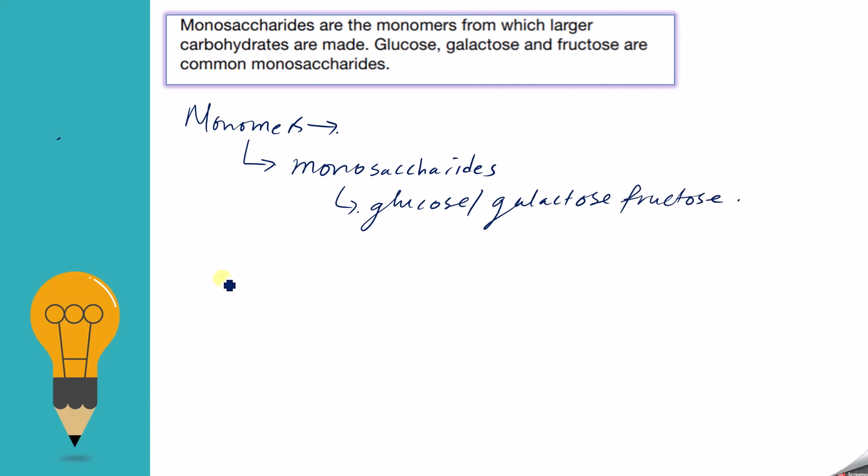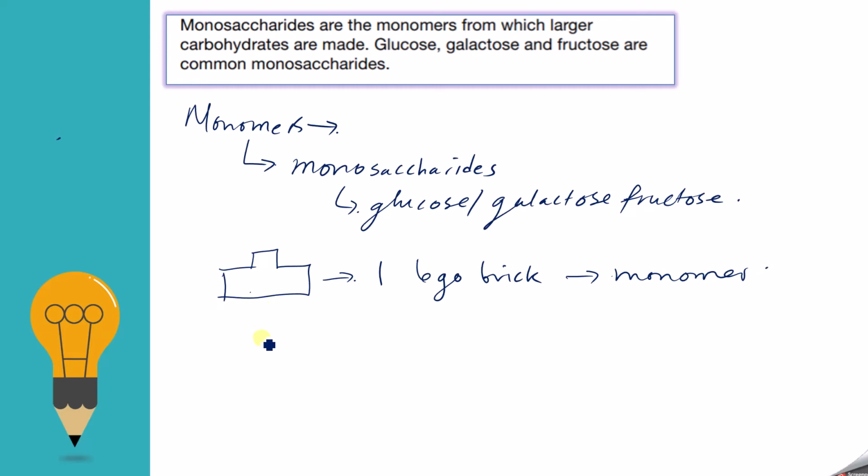So like I told you about the analogy of the Lego brick, this one piece Lego brick is a monomer. The same with having, let's say, a glucose molecule. So pretend this is a very simplified glucose molecule. We have one glucose molecule.